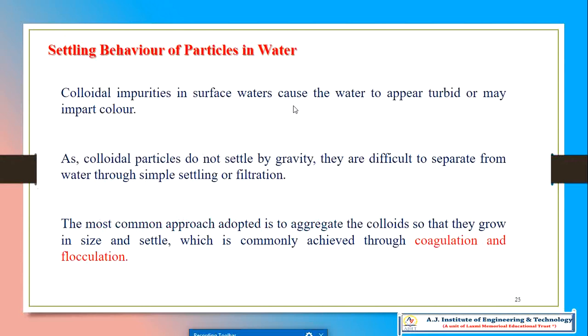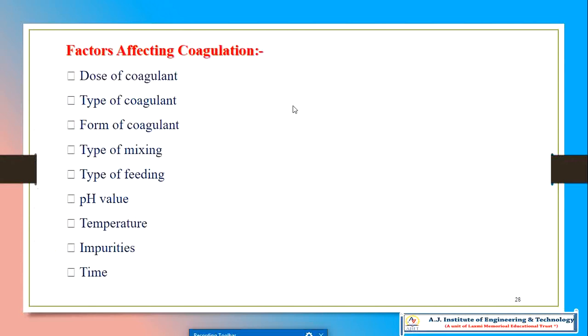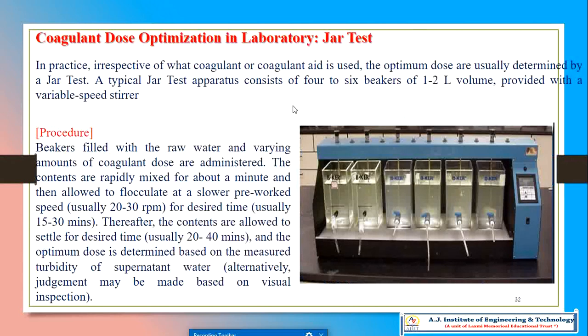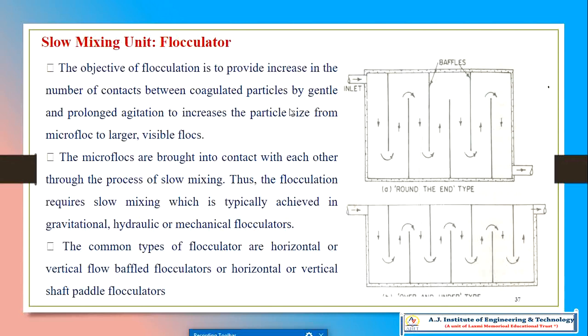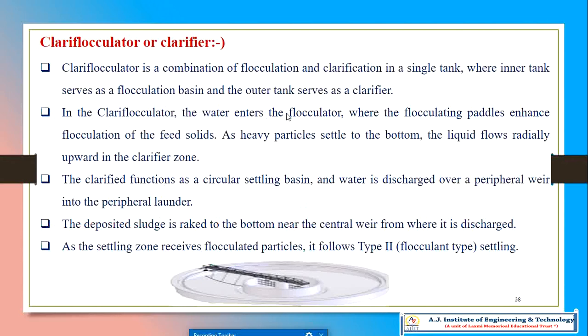We completed clarification and flocculation, types of alum coagulant, jar test for optimum dosage, as well as types of flocculator and clarifier. Till clariflocculator or clarifier we completed.